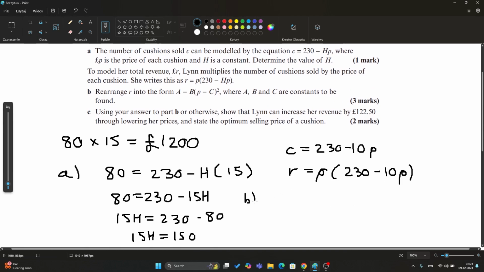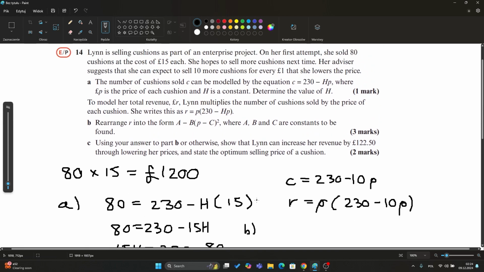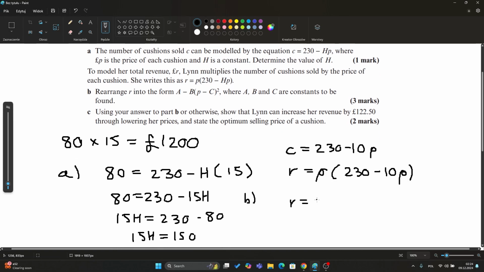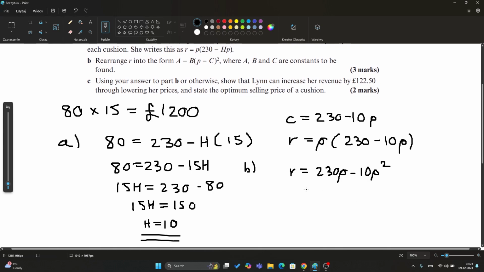And for part B, we have to rearrange R into the form A minus B, basically complete the square, where A, B and C are constants to be found. So R equals 230P minus 10P power 2. So here A is minus 10, B is 230, and C is 0.